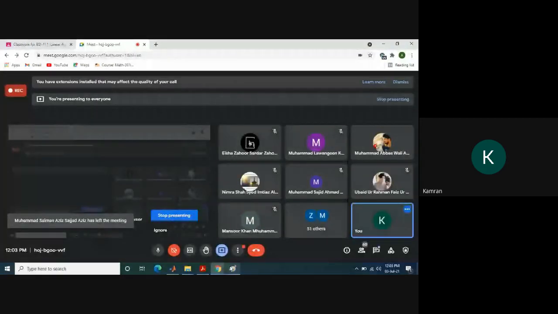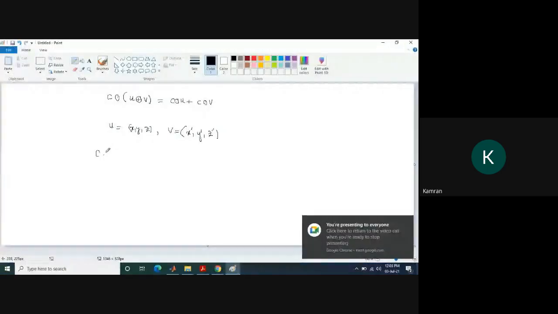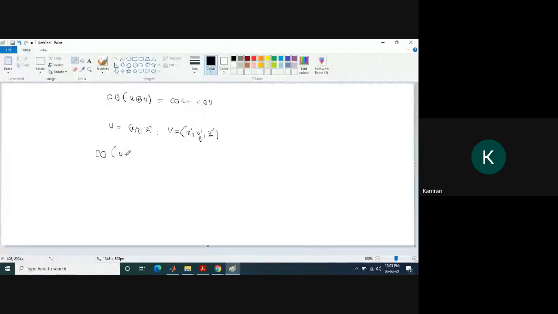Then c dot (u plus v) must be equal to c dot, u is (x, y, z) plus v is (x prime, y prime, z prime).